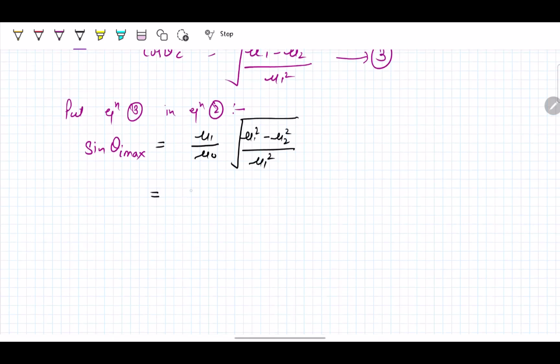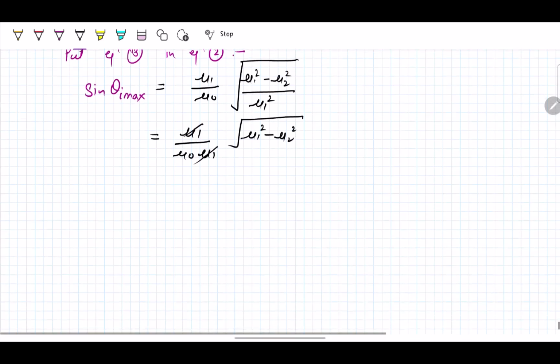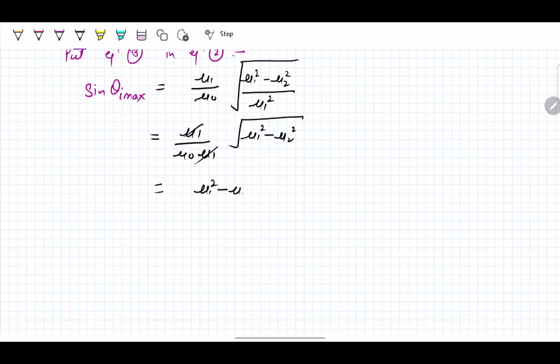And I am taking this mu_1 outside, so mu_1 over mu_0, and the square root of mu_1 squared minus mu_2 squared. These are going to be cancelled out, and we are getting the square root of mu_1 squared minus mu_2 squared over mu_0, right? And this is the value of sine of theta_i maximum.